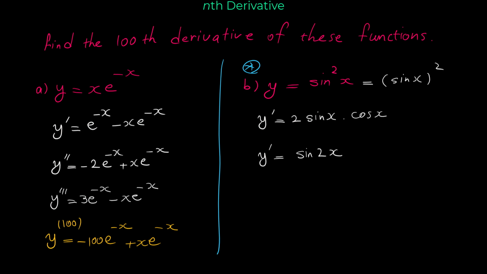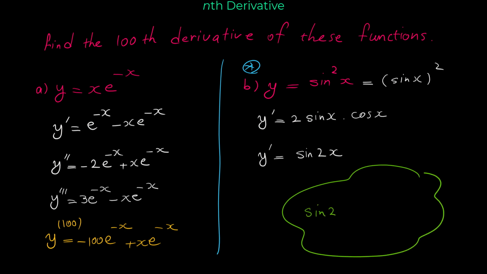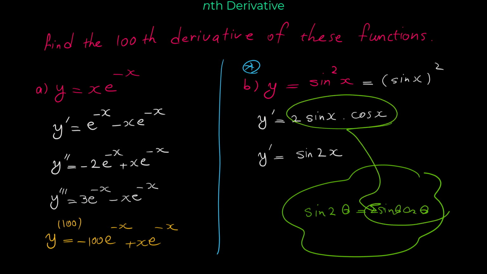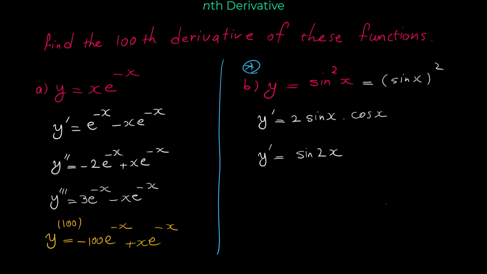We had this rule in trigonometry that sine of 2 theta is 2 sine theta cosine theta. This was one of the most important double angle identities. If we use this identity, instead of 2 sine x cosine x, we can write y prime as sine of 2x, which is simpler.